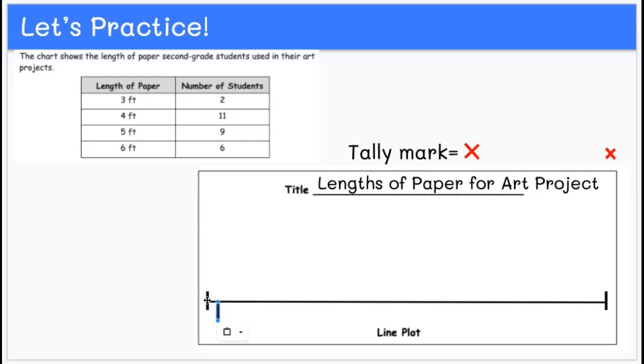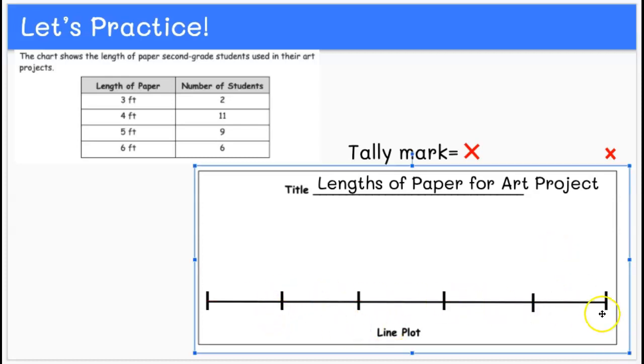So I'm going to draw those in and make sure they're equally spaced. 3, about the same length, 4, 5, and where do I want my 6 to be? 6 right there. Those look like they're pretty equally spaced, so I think that's pretty good. And remember, you might have to erase and move stuff around just to make sure there's an equal amount of space in between each one.